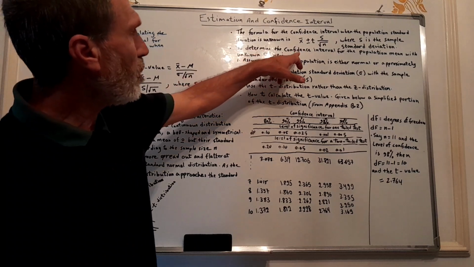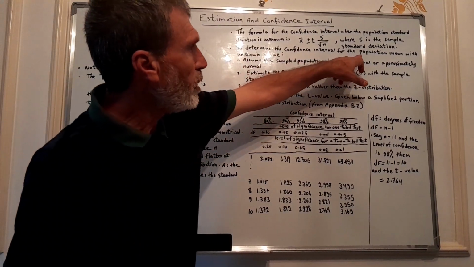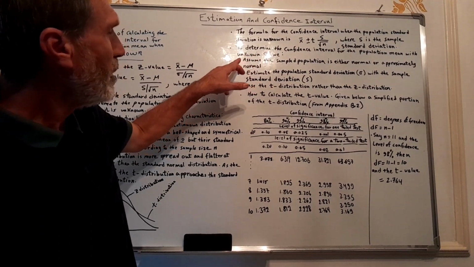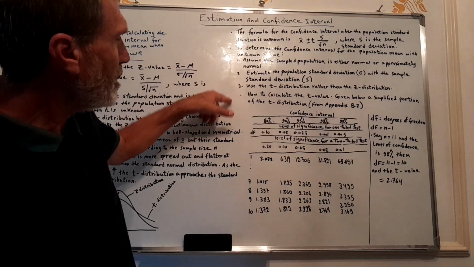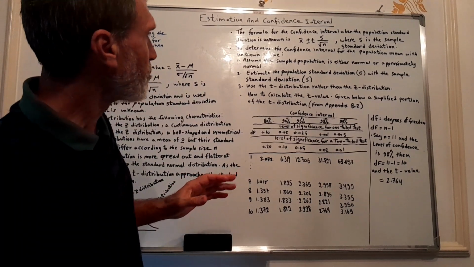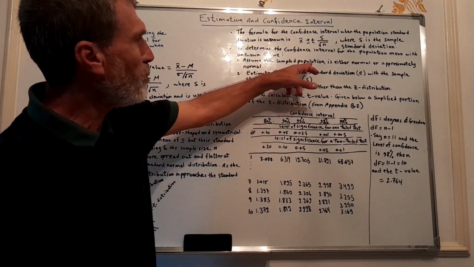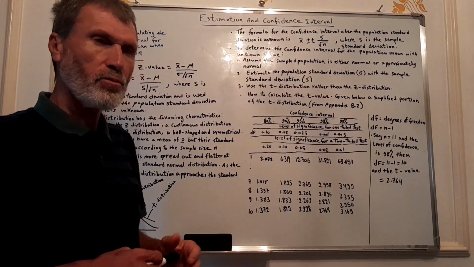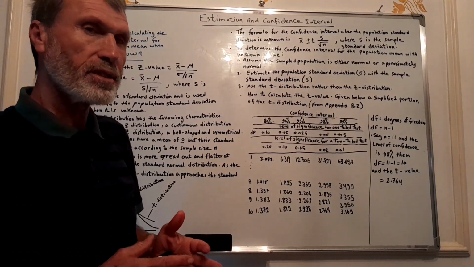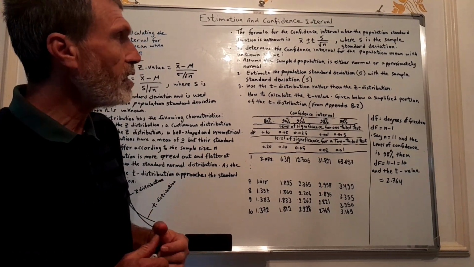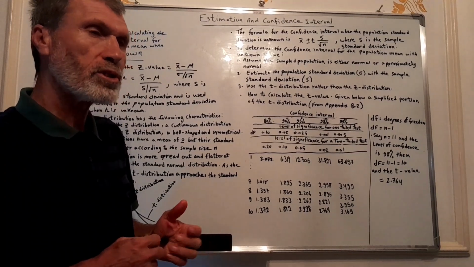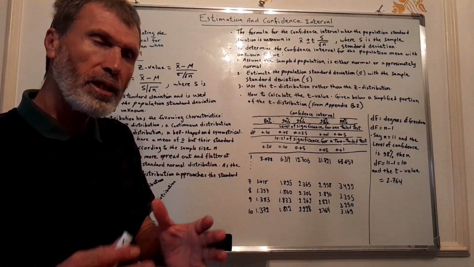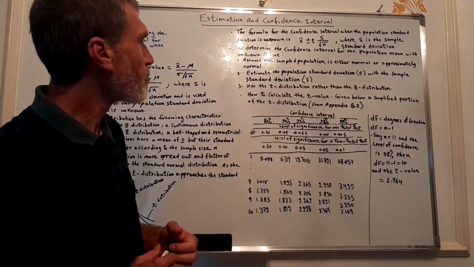To determine the confidence interval for the population mean with unknown sigma, we use the following conditions. First, we assume the sampled population is either normal or approximately normal. So whenever we calculate the confidence interval for the population mean, we assume that the population is normal or approximately normal.